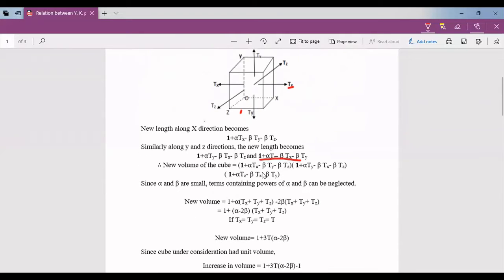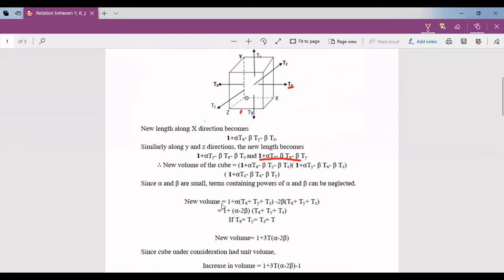Therefore we get only the equation containing alpha and beta, and we can neglect the powers alpha square and beta square.